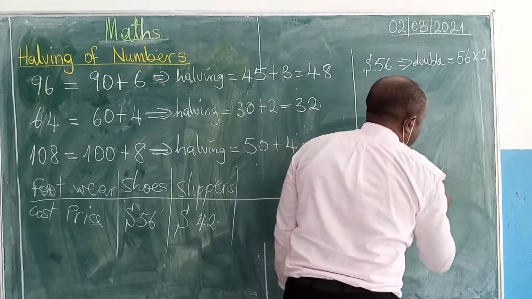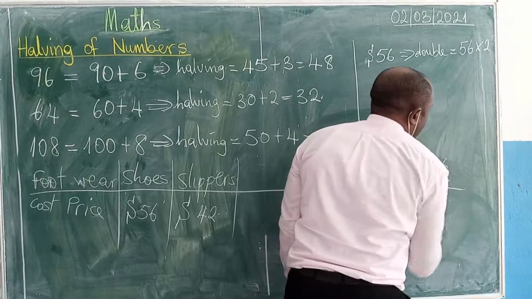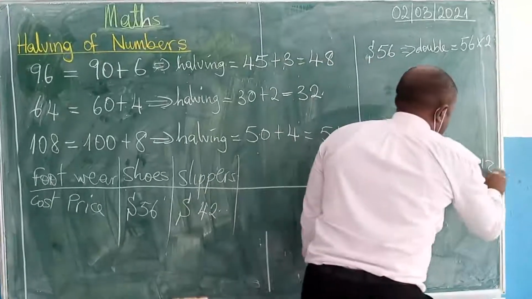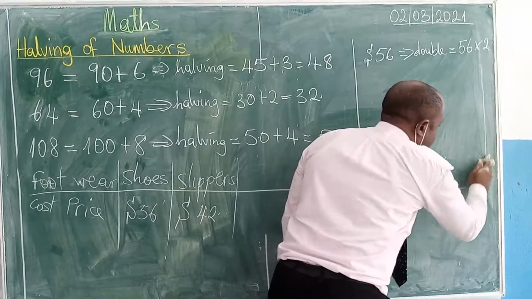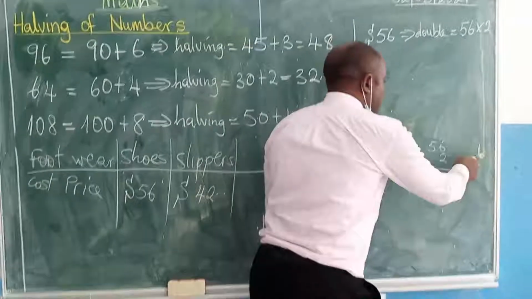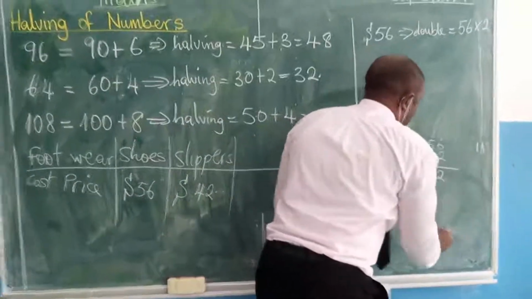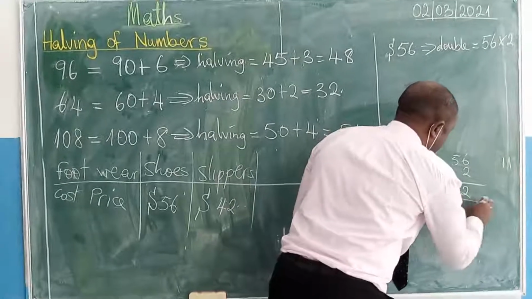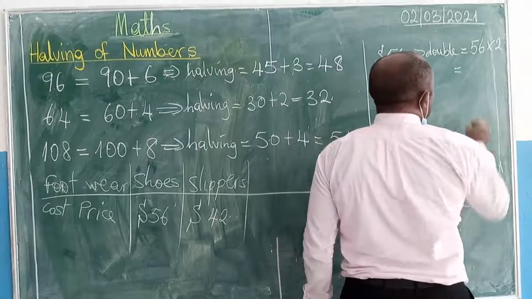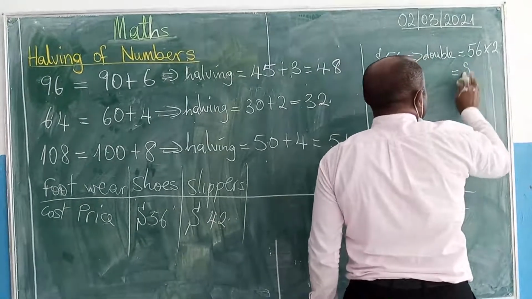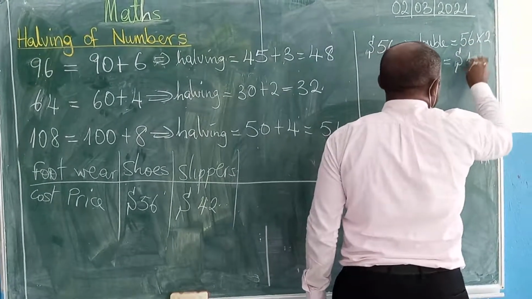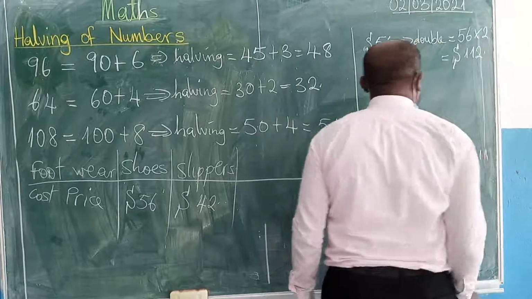We have 56 multiplied by 2. 2 times 6 is 12. We write 2 and we reserve 1. 2 times 5 is 10 plus the 1 we reserve, 11. So we write 1 and we write 1 outside. It shows that our answer is $112.